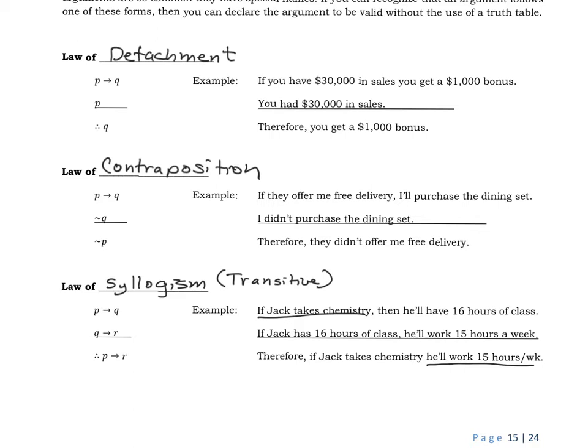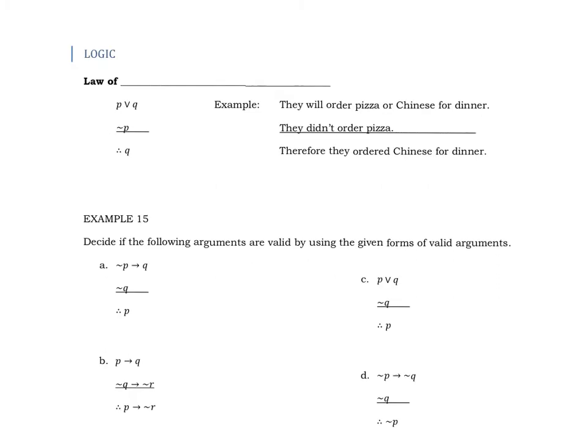On the next page, we're going to have the law of disjunctive syllogism. Let me pause this and go ahead and write that out. Law of disjunctive syllogism. Okay, so we have P or Q. They're saying if P didn't happen, then Q would have to happen.